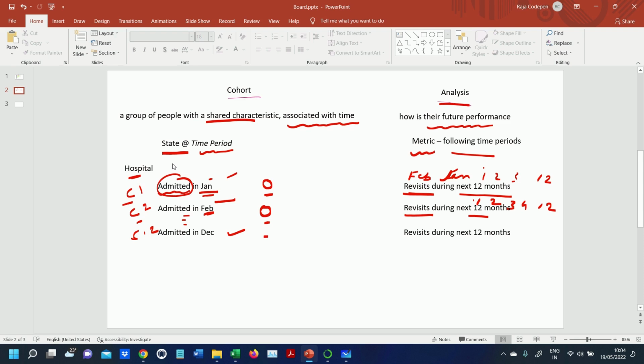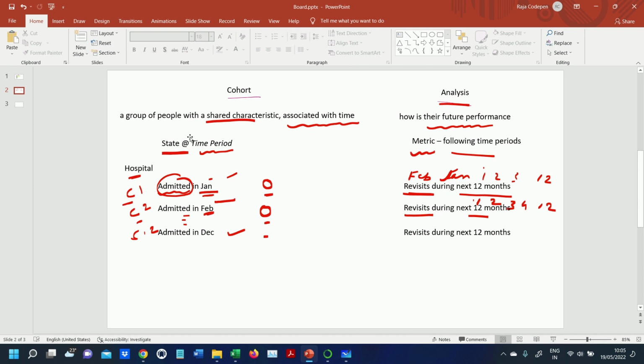So on a particular weekend, who are the new customers that have visited your restaurant, and on subsequent weekends, are they revisiting again? The metric need not be revisits. The metric could be the amount they are spending, their spend analysis, the amount they spend on your food items, on your online orders or food delivery.